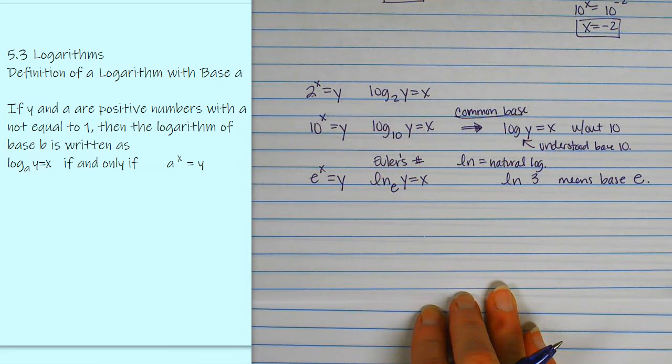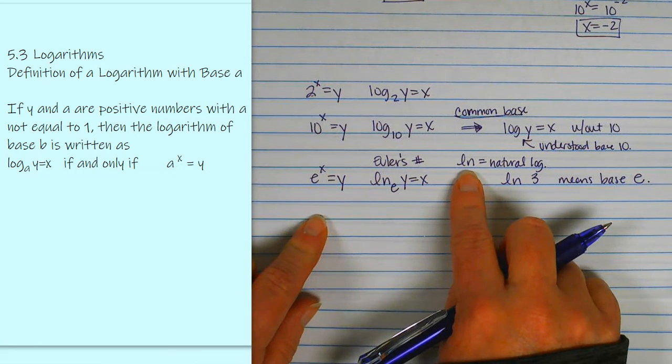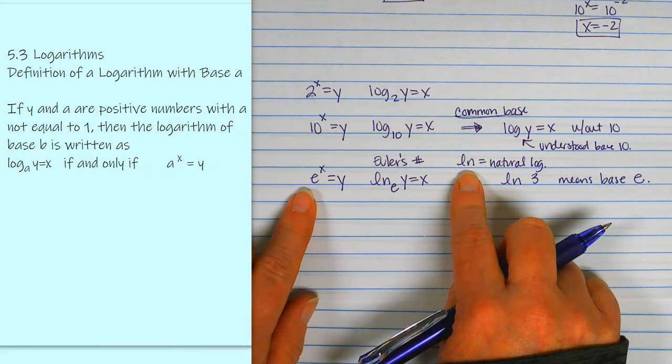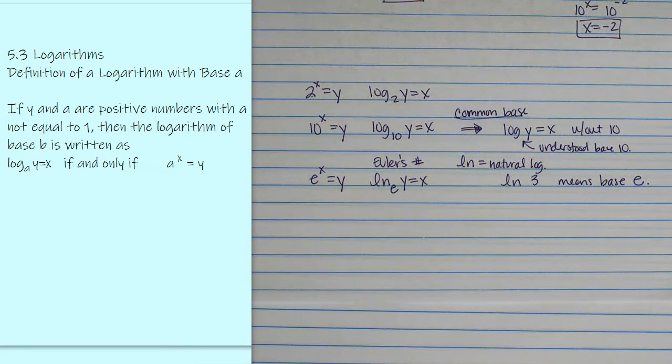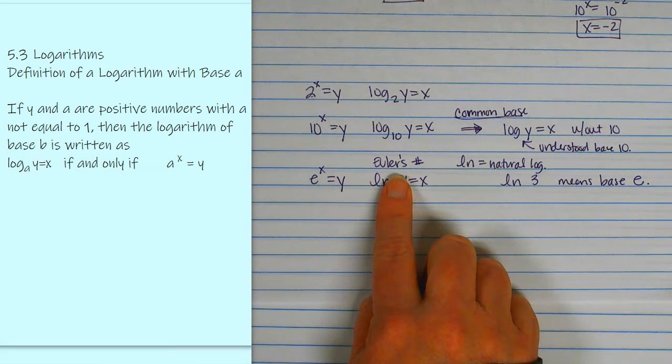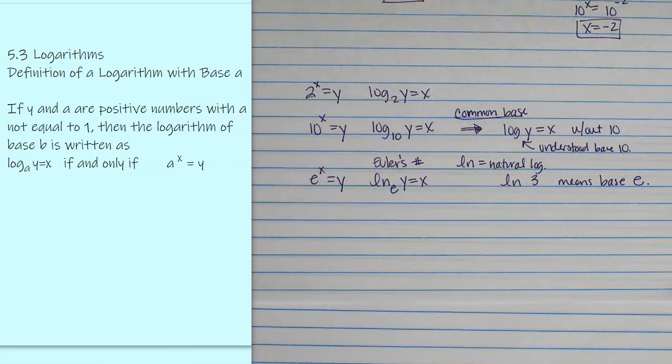In calculus, we will use natural logs almost exclusively because the base is e, and the numbers are just so much easier to work with when we don't have changing bases. And Euler's already proven that e is a magical number that describes most scenarios very well, so we're going to stick with natural log for most of what we do in calculus, which is great because then you're not learning differentiation rules for log base 2 and 3 and 4, and there are extra steps involved.